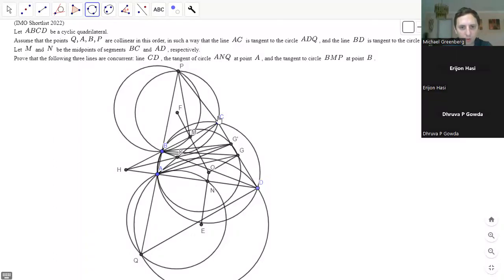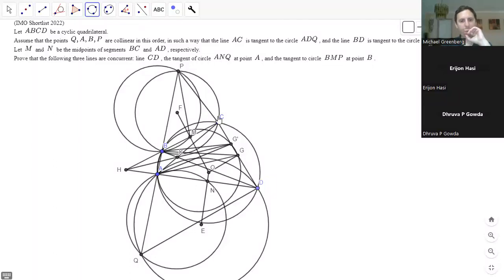Because angle AGC is equal to QNA. Yes. But that will also be equal to G prime BP. QNA is G prime BP?